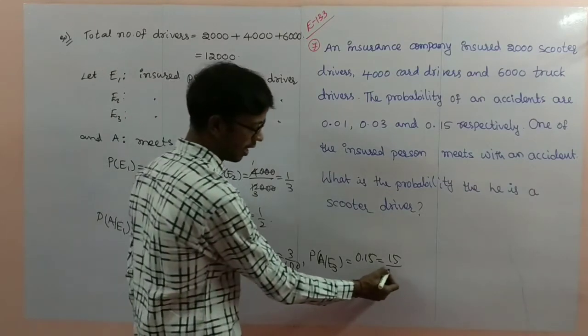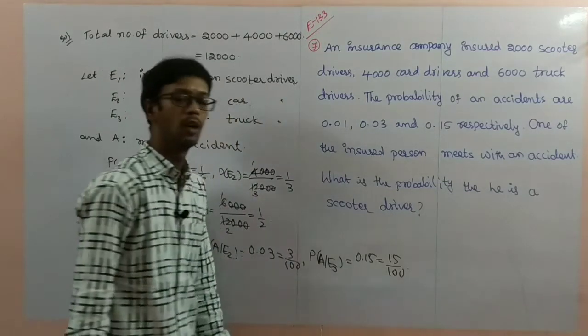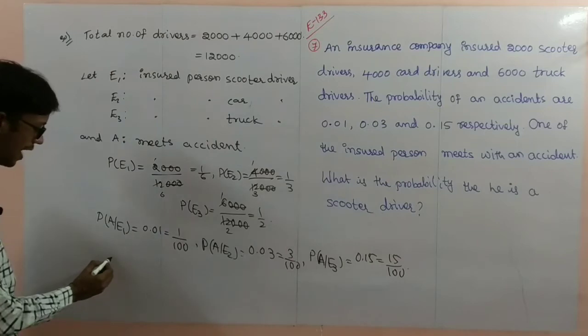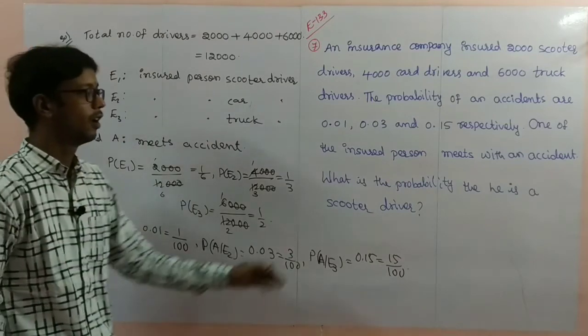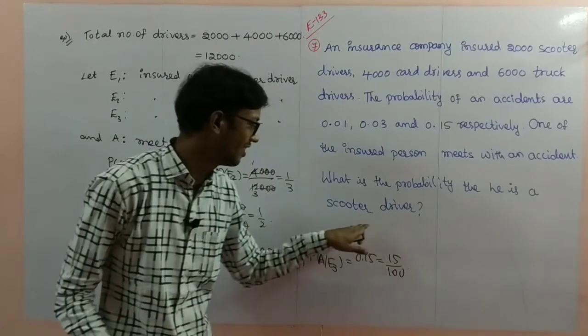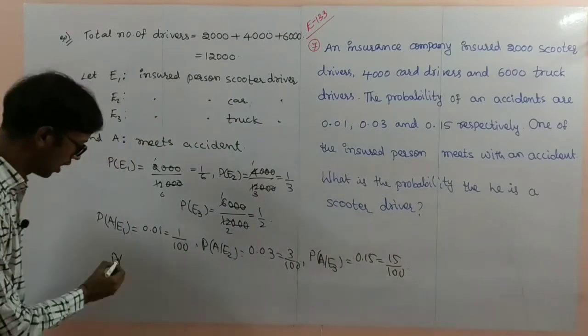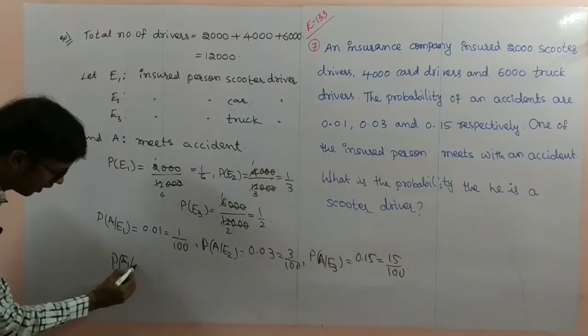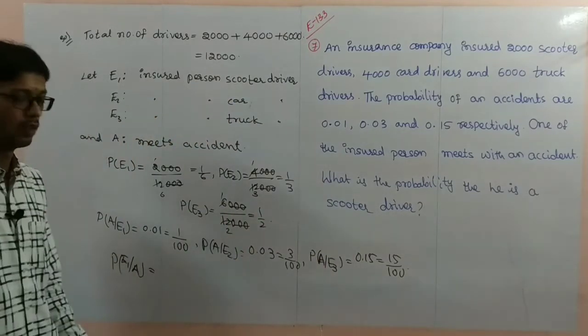So now you have to find the probability that the person is a scooter driver, given that the accident happened.